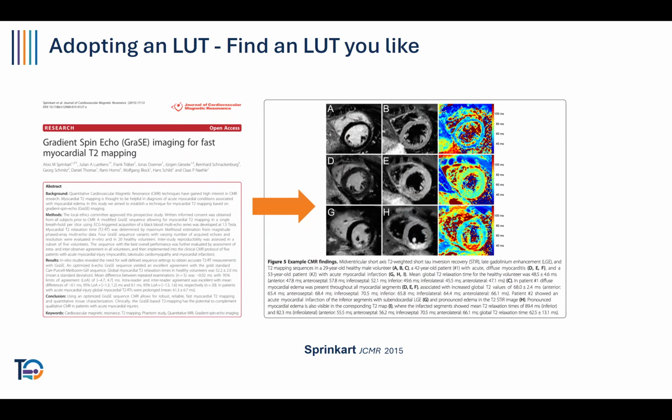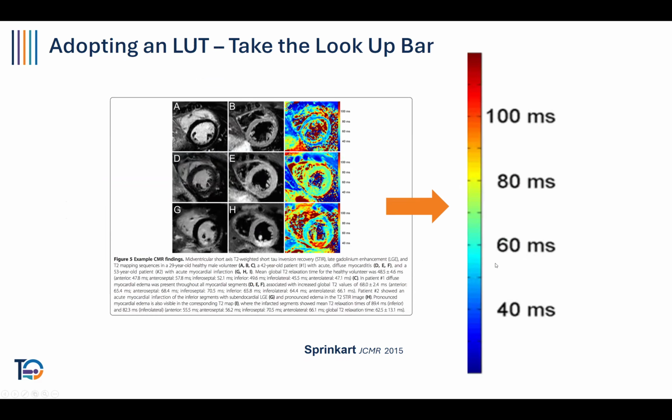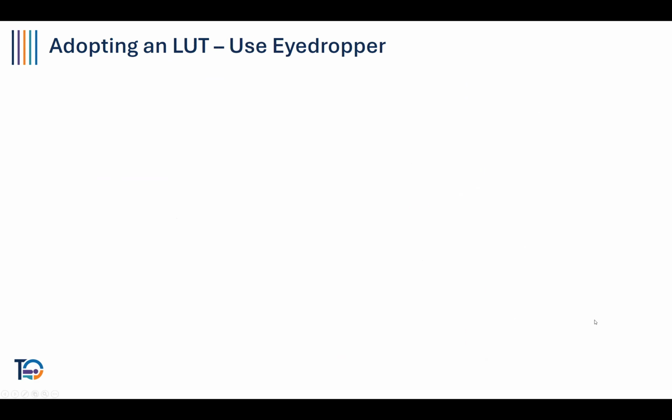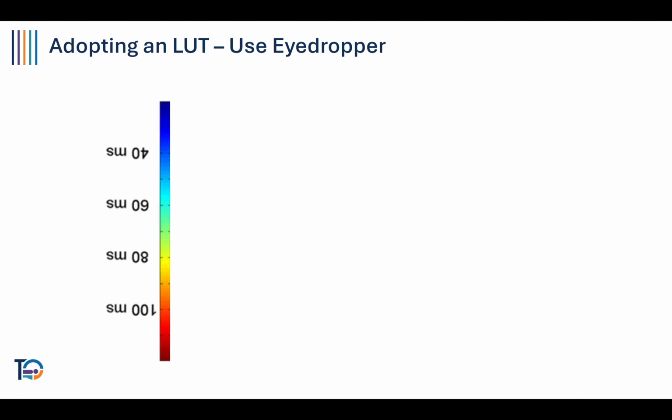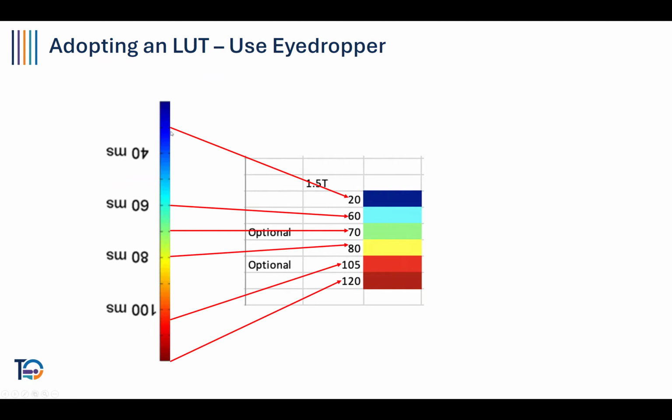How about adopting a lookup table? Well, first of all, like I mentioned before, our T2 lookup tables come from this paper by Springcart, and we liked the lookup tables that they had. So first thing is find a paper that you like, then screen capture the lookup table from the paper if it's available, and then using an eyedropper, take the specific color from the specific relaxation value and put them into a spreadsheet.